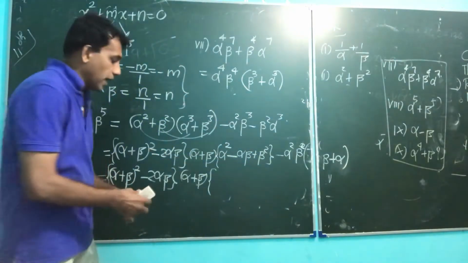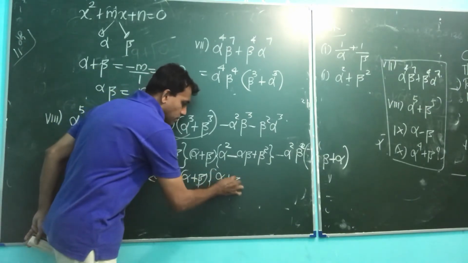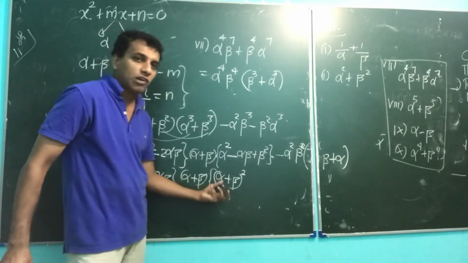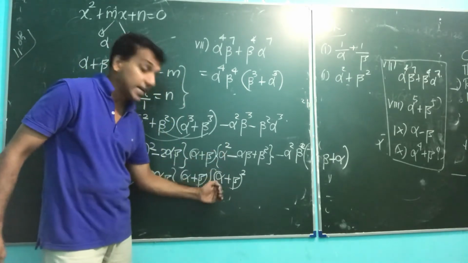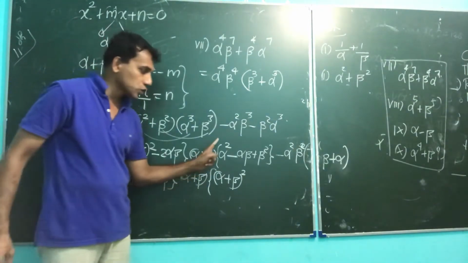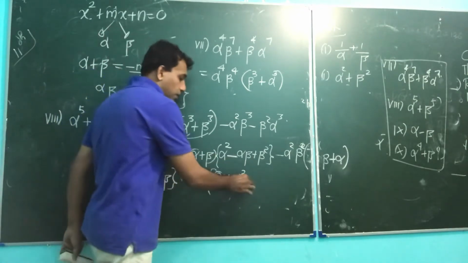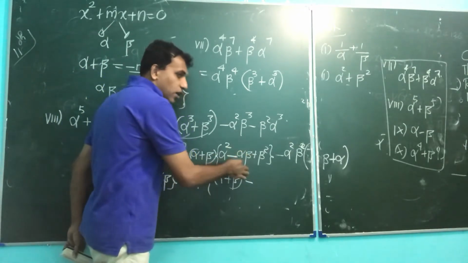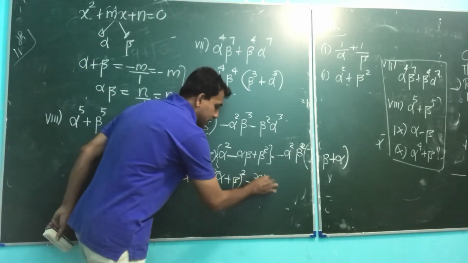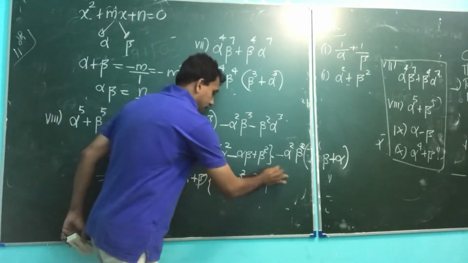You can write that as alpha plus beta, all things square. But if we expand, alpha square is available, beta square is available, plus 2 alpha beta. There's no plus 2 alpha beta, therefore subtract 2 alpha beta. Already 1 alpha beta subtracted, therefore totally 3 alpha beta. Okay, that's all this bracket.